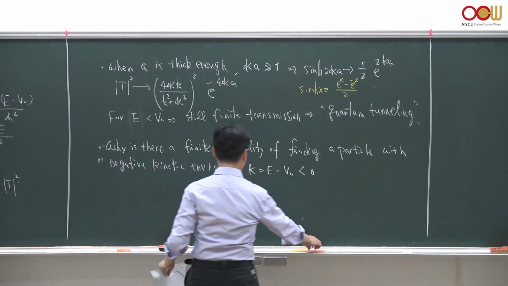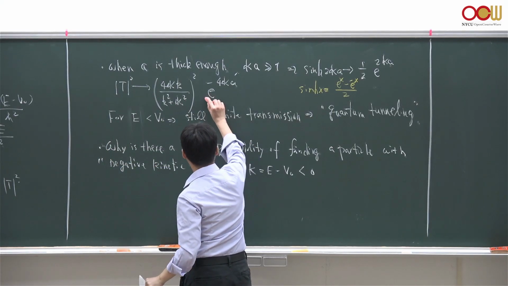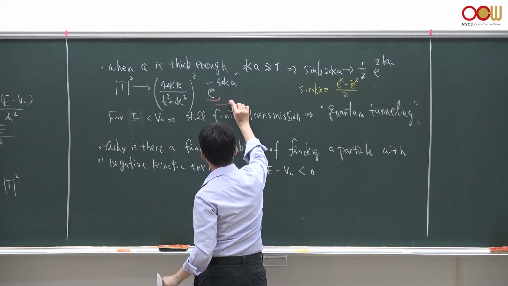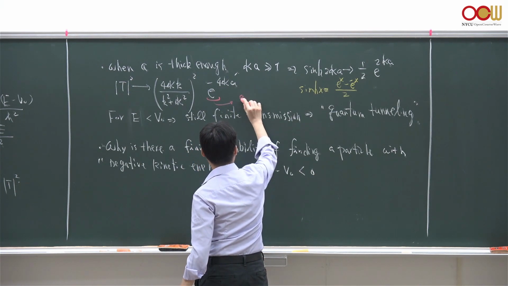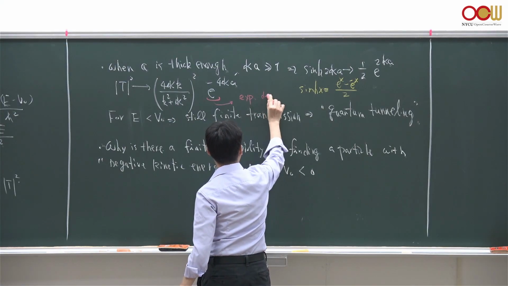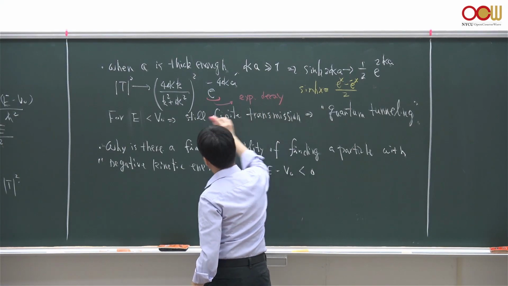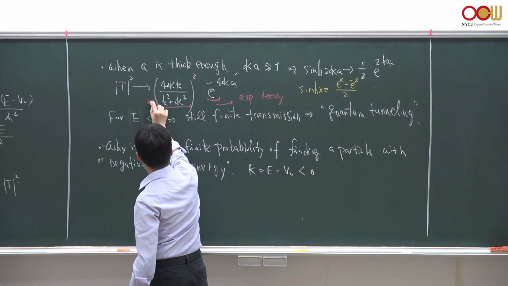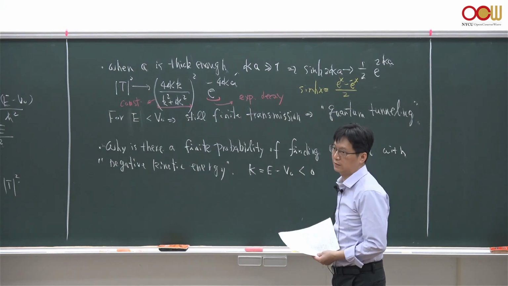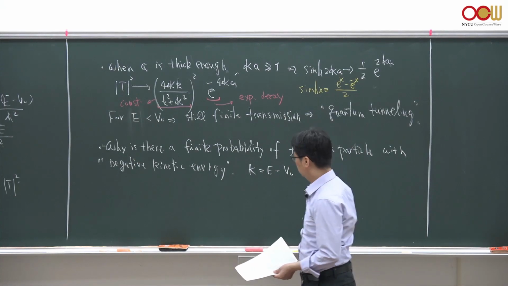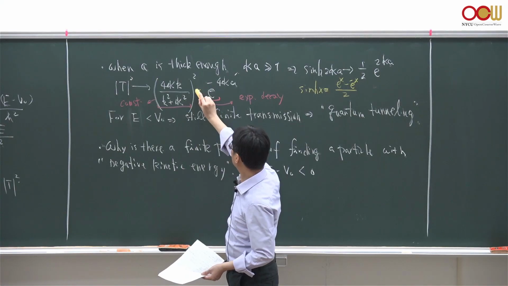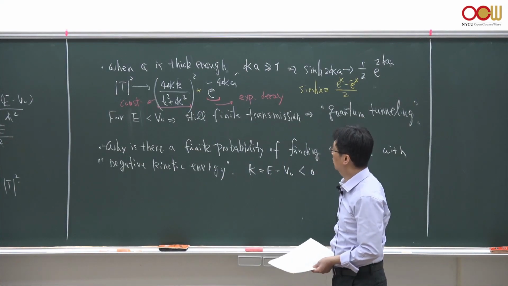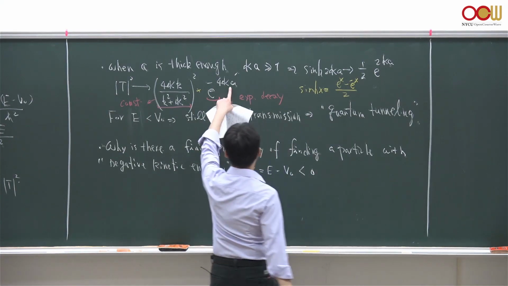This is a very important hint for later approximations. This is the exponential decay, and this is a constant prefactor. So the transmission coefficient is nothing but a constant prefactor times the exponential decay with increasing a.